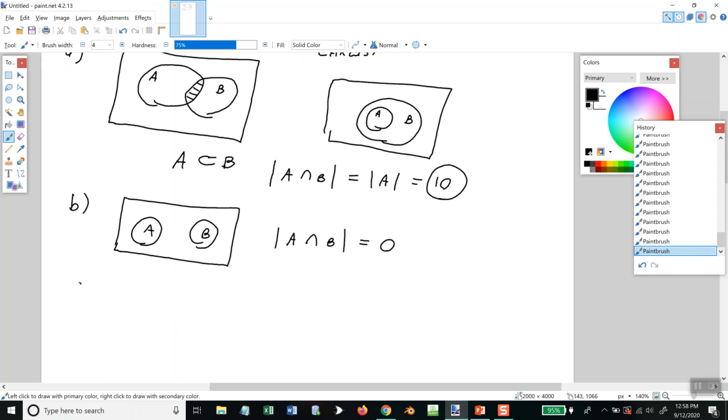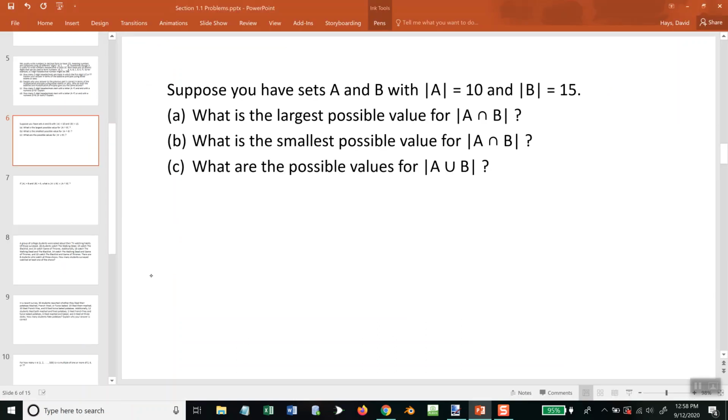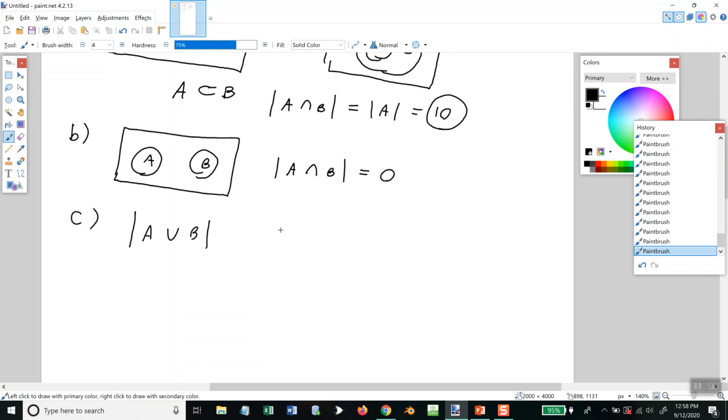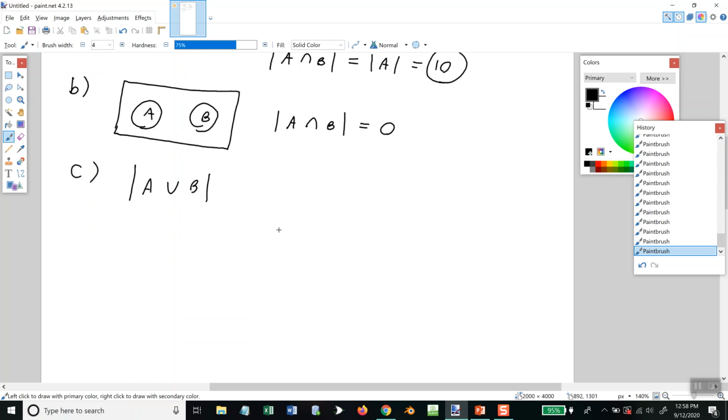C. What are the possible values for the cardinality of A union B? Okay, so let's think about A union B. Union is, the intersection is where they both have the same elements. The union is just where you're counting how many are in both, excluding any duplicates. So we have a couple of possibilities that give us the extremes.